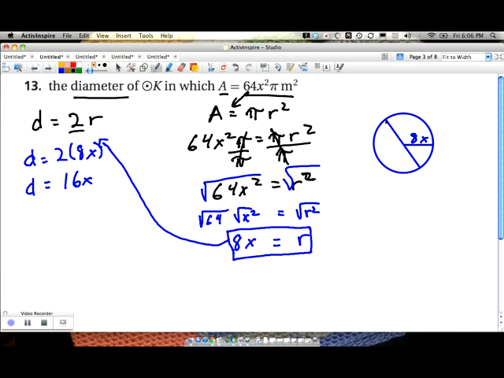So this whole diameter was 16x. And of course, units, just like always, we had meters squared for area, so this is going to be meters for my diameter, and for my radius as well, actually.